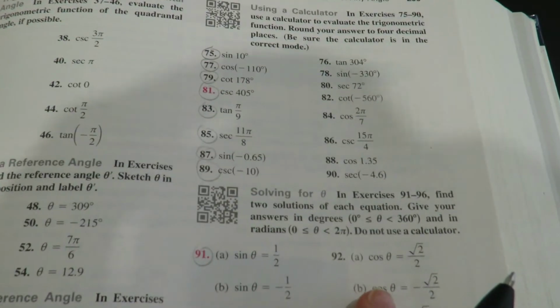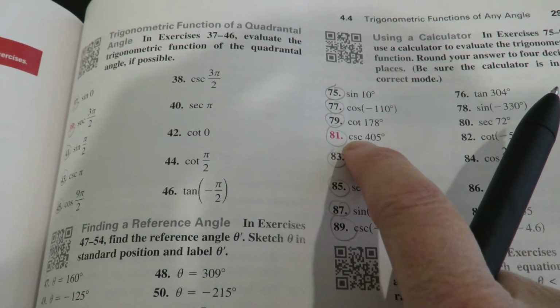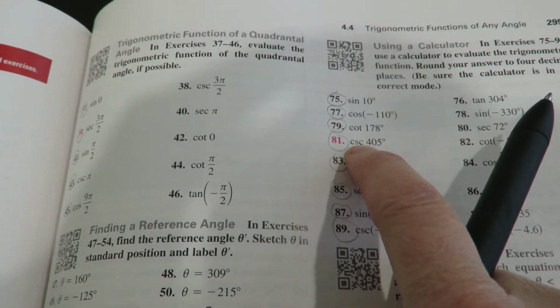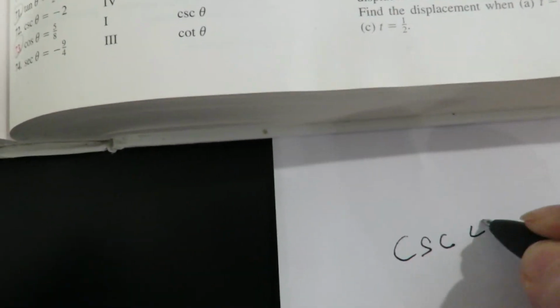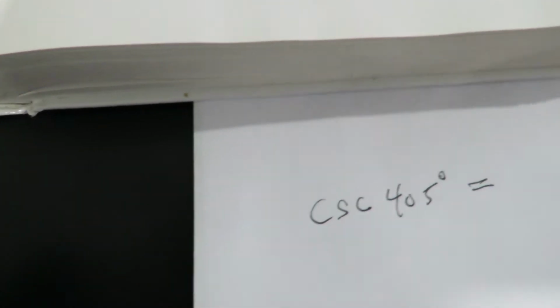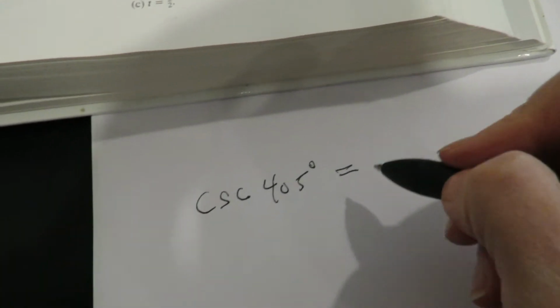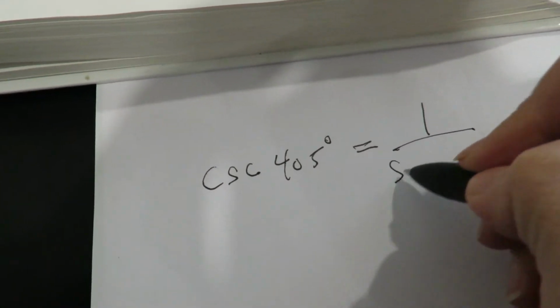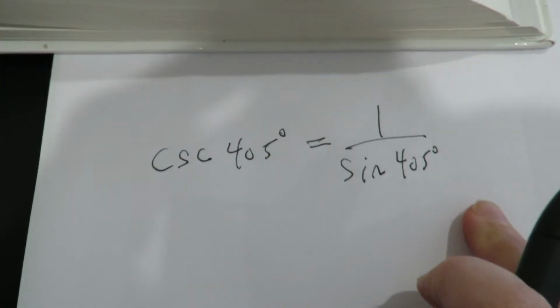Try to remember that when you do these homework problems, if you get anything that is not on your calculator, like the cosecant button isn't, so you have to do 1 over the sine, right? So for like, I won't work that whole thing out, but like the cosecant of 405 degrees, your calculator doesn't have that button. So you're going to have to do this as 1 over the sine of 405 degrees and then put it in your calculator like that.